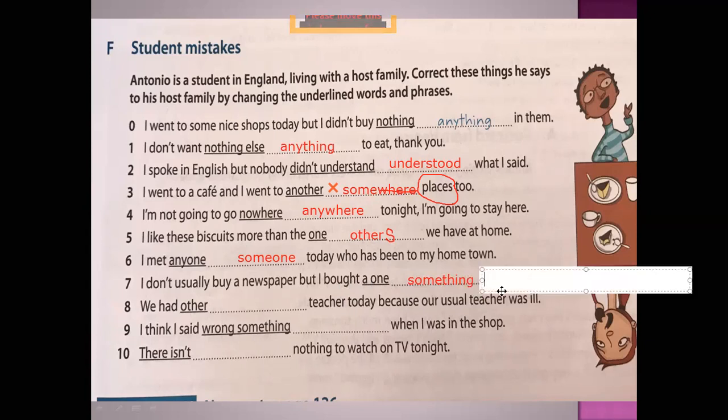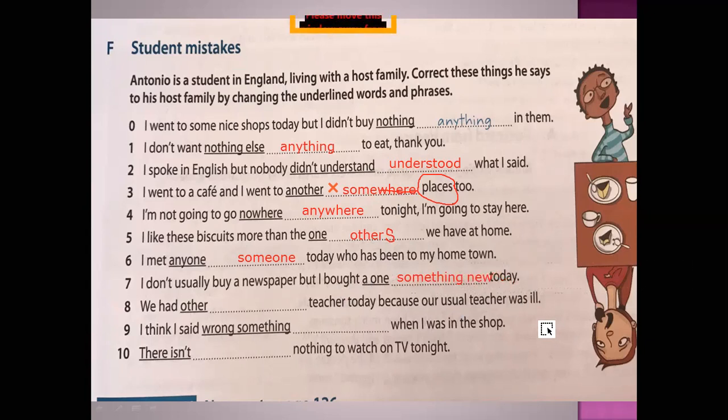Something. I bought something today. What do you think here? I bought something new. What do we use there? Something, anything with the adjective. Another. Yeah.